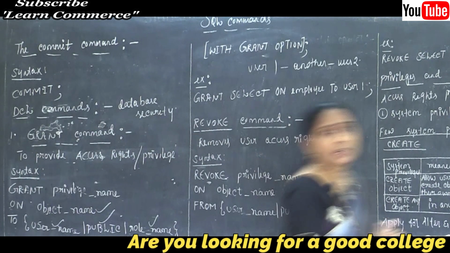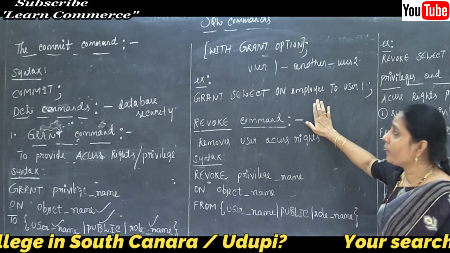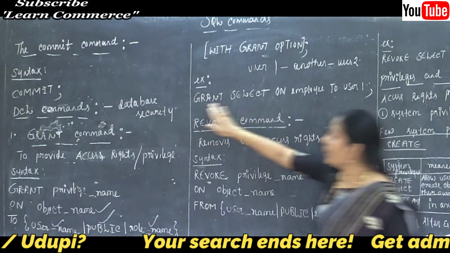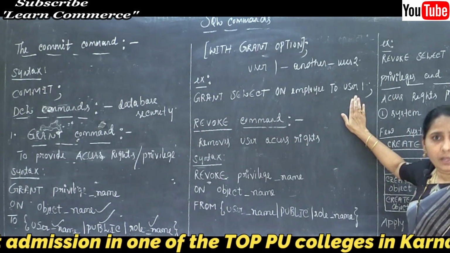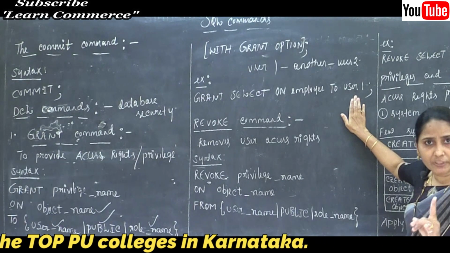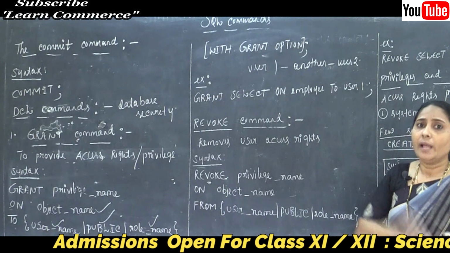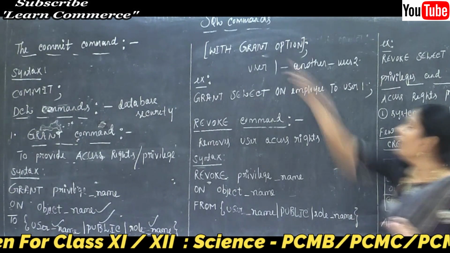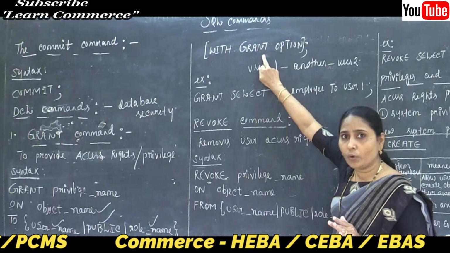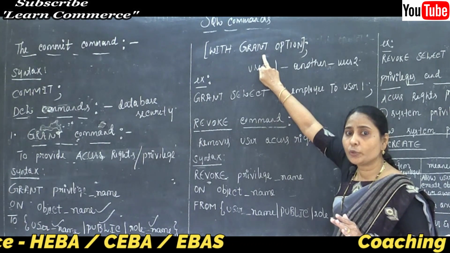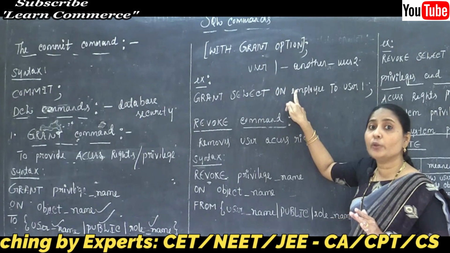So again I want to go over the example for our grant command. Here: grant select on employee to user 1. That means we provided permission to only one user, named user 1. Now if you use with grant option, we know its meaning: it allows the permission to go from user 1 to another user, user 2.